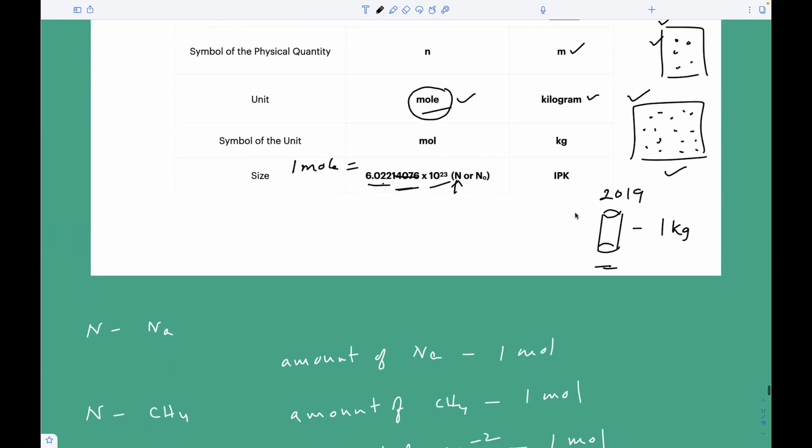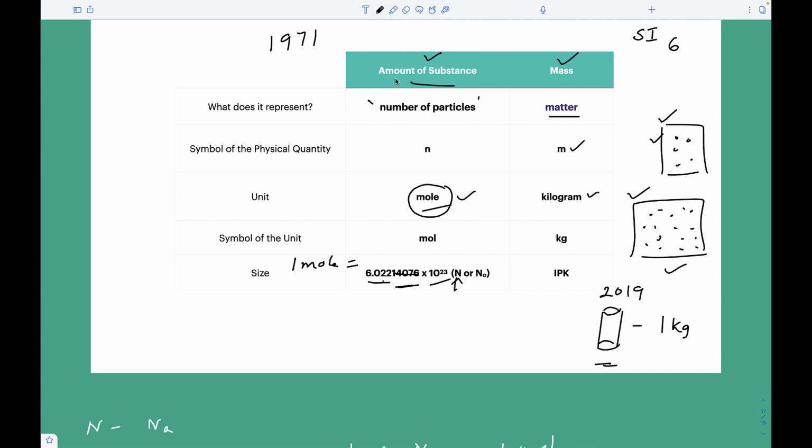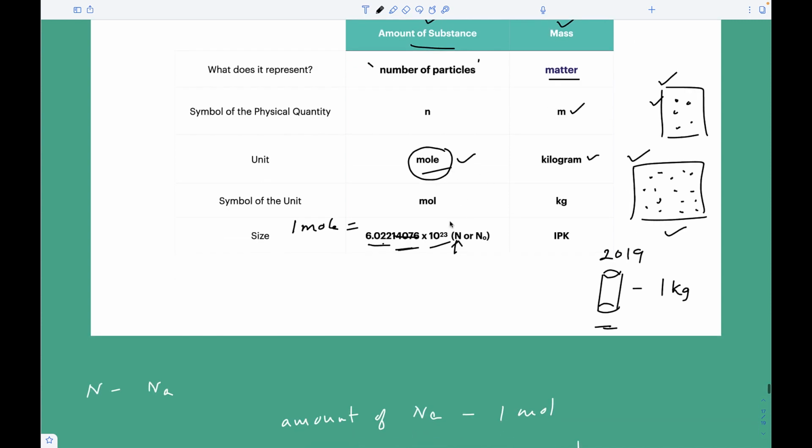Today, mole is the unit of the fundamental physical quantity called amount of substance, and the size of 1 mole is equal to Avogadro's number. That is why you keep hearing these two definitions of mole, and that confuses us a lot.